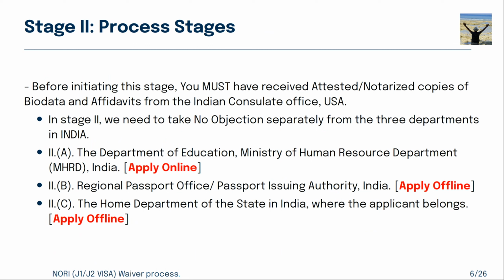So in stage two, you can apply to all three offices at the same time, in parallel, so that you will save some time. The first one, immediately, is online, for the Department of Education, or we call it MHRD.